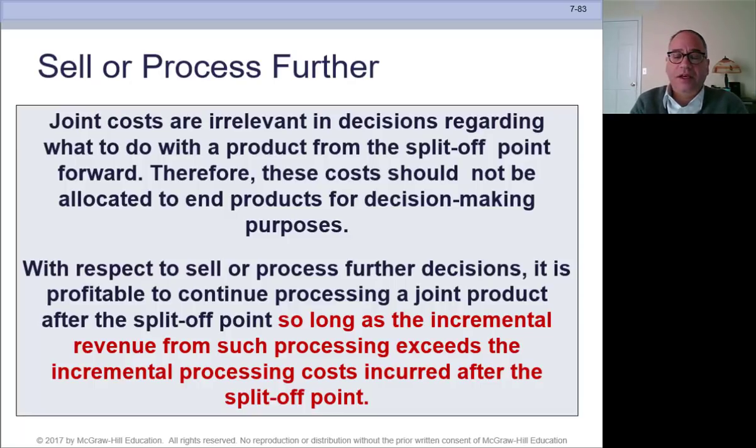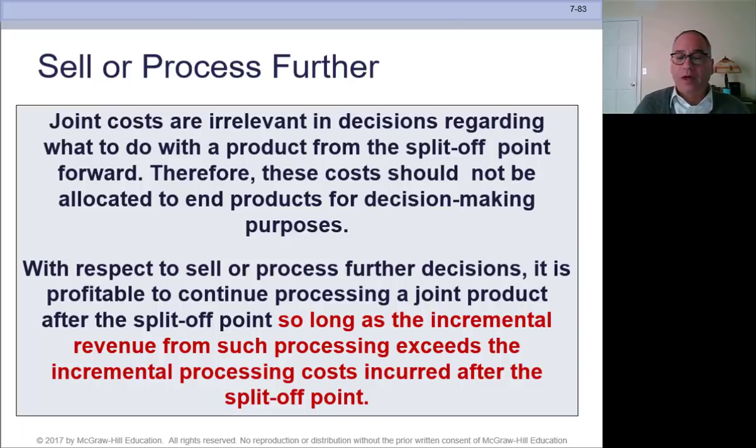The joint cost is not going to be relevant to that decision because you had it one way or the other. The raw hide cost a certain amount of money, and whether you process it further into leather or just sell it as raw hide, the original joint cost is irrelevant.